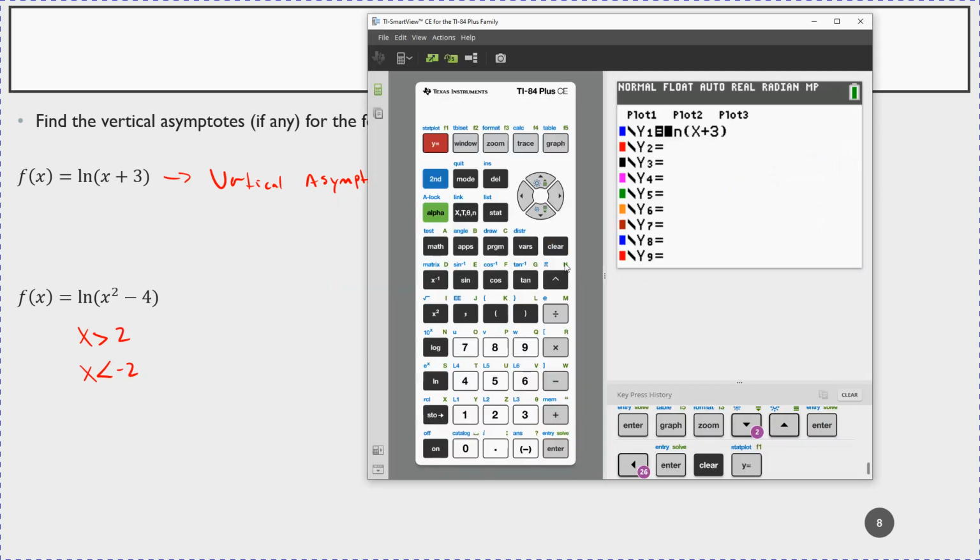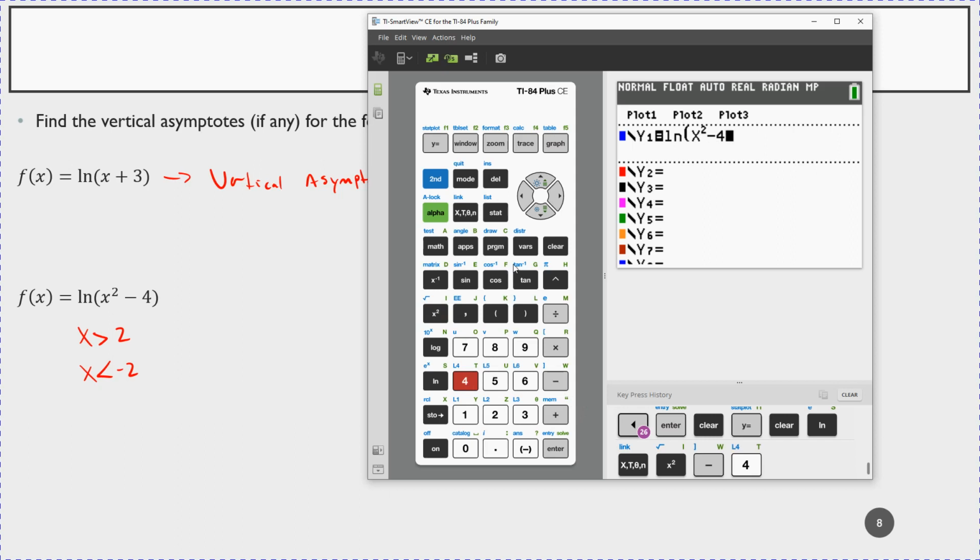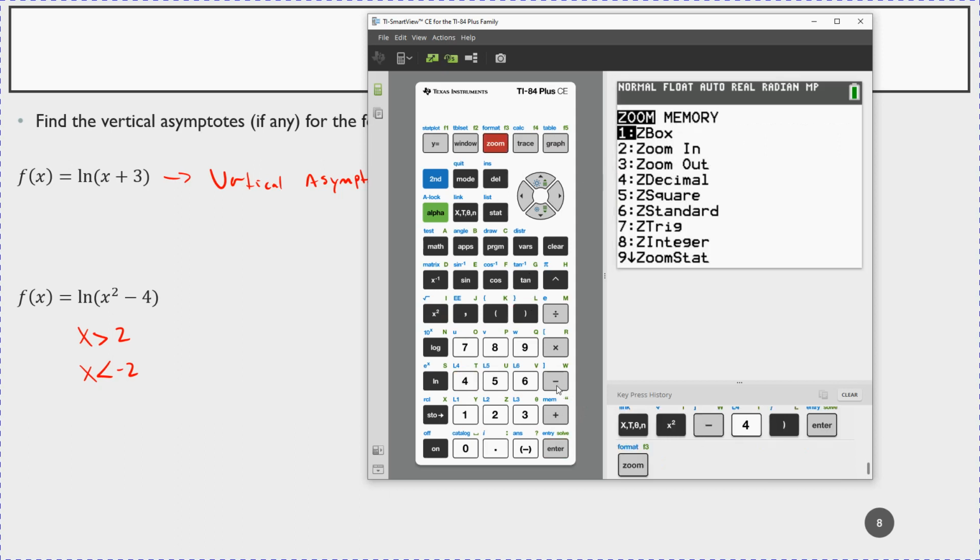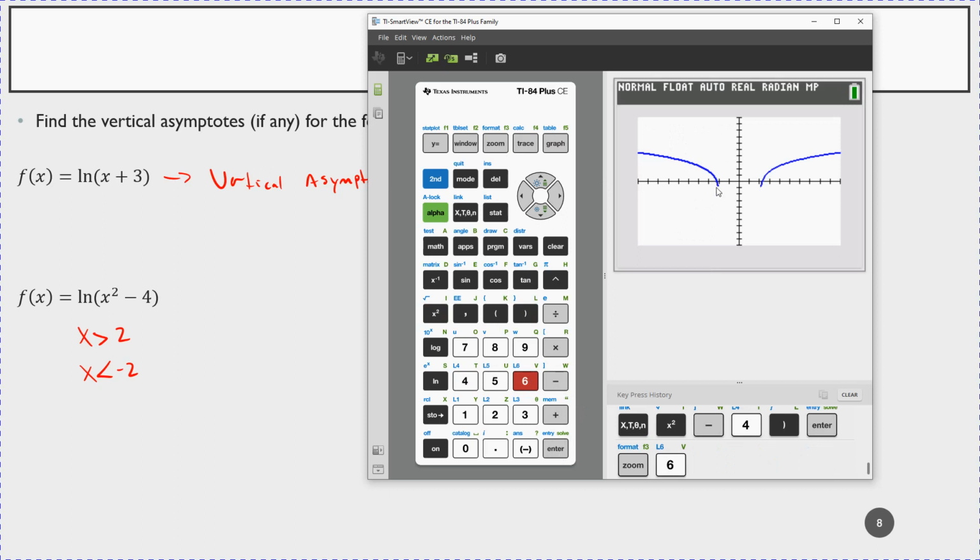So if I go back to y equals and do the natural log of, let's see, x squared minus 4, and I do a zoom standard, you can see here, remember what I talked about with the asymptotes, you can see at negative 2 and 2, we have these vertical asymptotes.